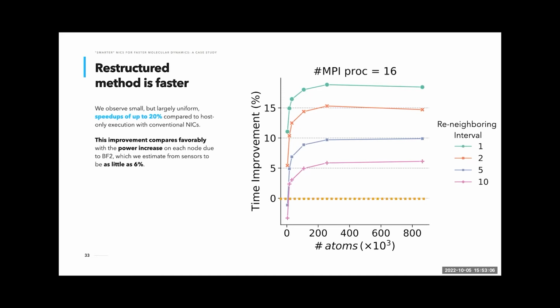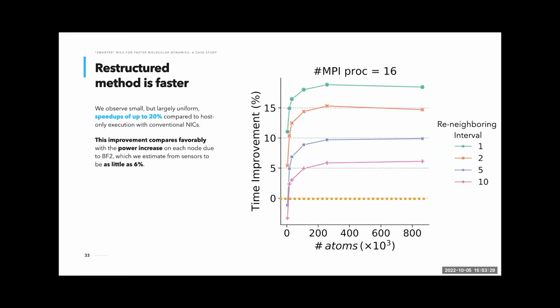However, we should compare this improvement against the power increase that we estimated to be as little as 6%. Another observation is that as the reneighboring frequency increases, the relative performance improvement increases.